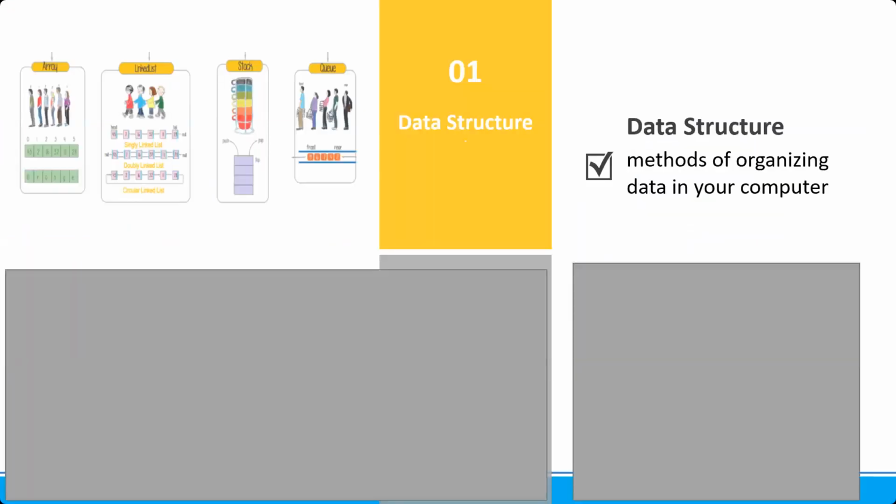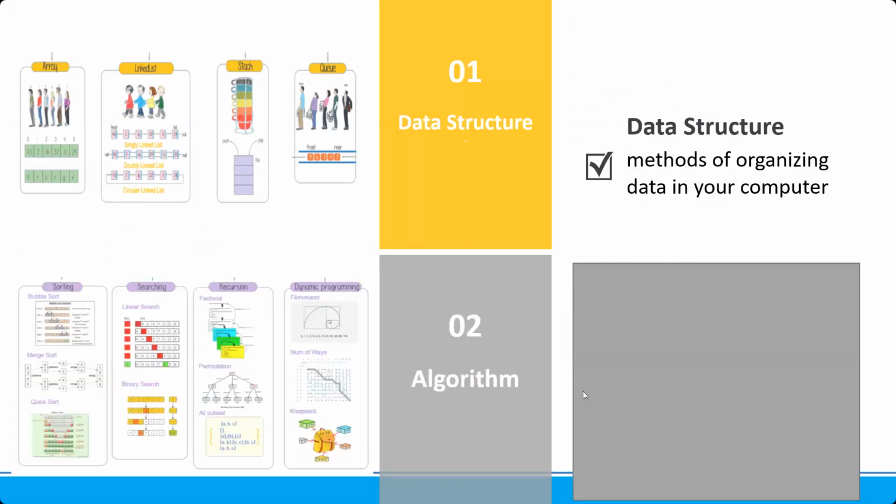So, what does it mean by algorithm? There are some algorithms that we will learn during one semester. We will learn about sorting. There are some algorithms like bubble sort, merge sort, quick sort.